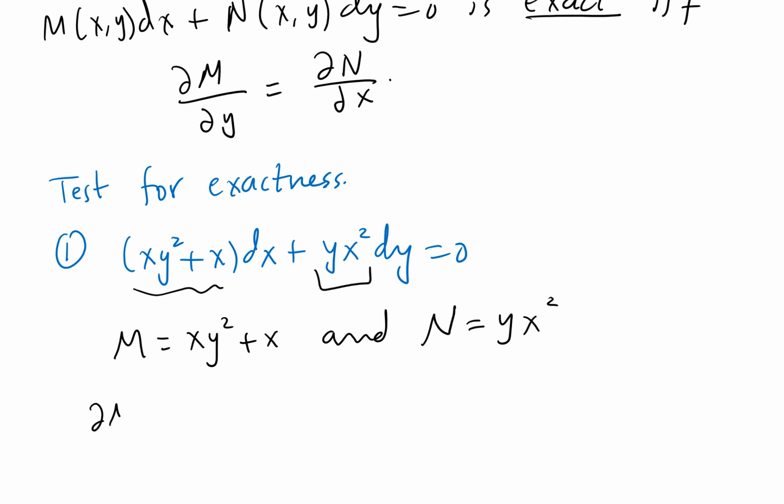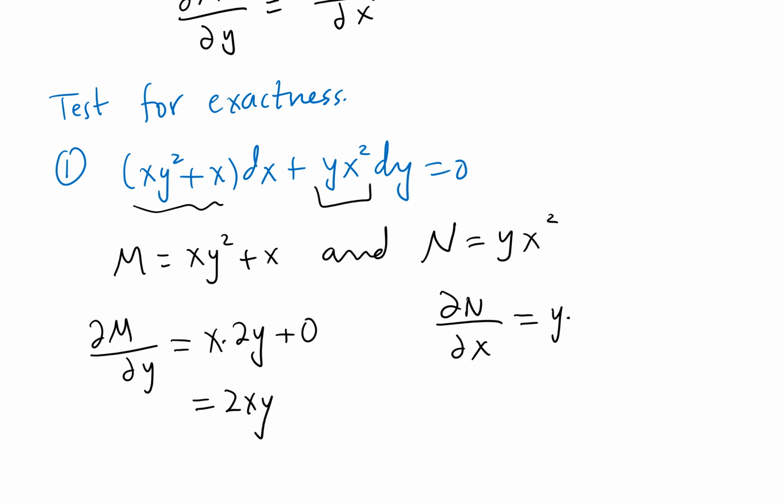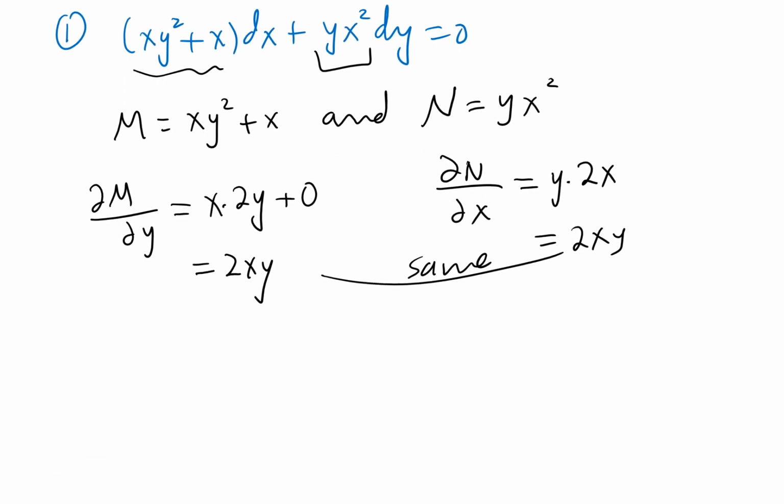We need to find the partial of M with respect to y and the partial of N with respect to x and see if they're the same by the previous theorem. When I find the derivative of M with respect to y, x is a constant, so x times 2y plus 0, that would be 2xy. For N with respect to x, y is a constant, the derivative of x squared is 2x, so that gives us 2xy. Notice they're the same, so it is exact.